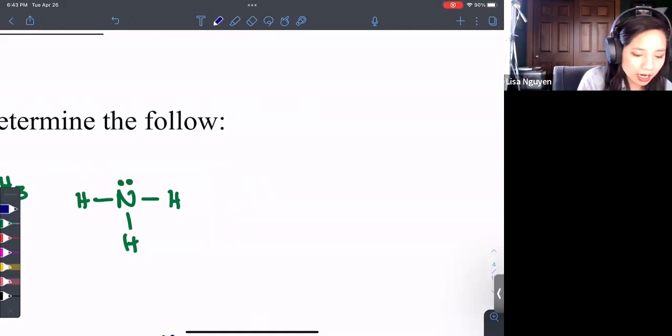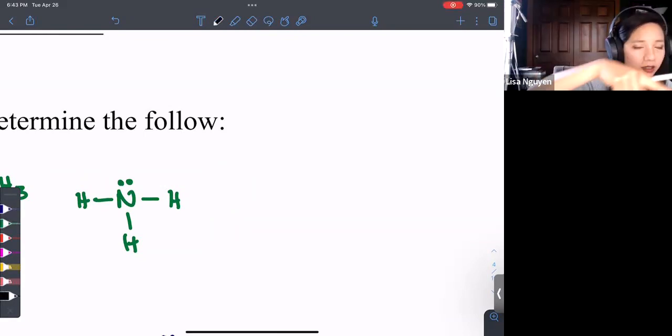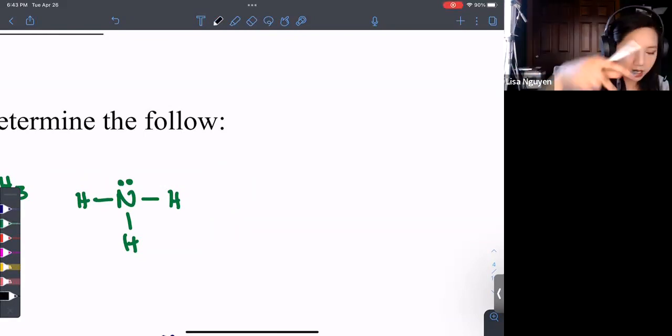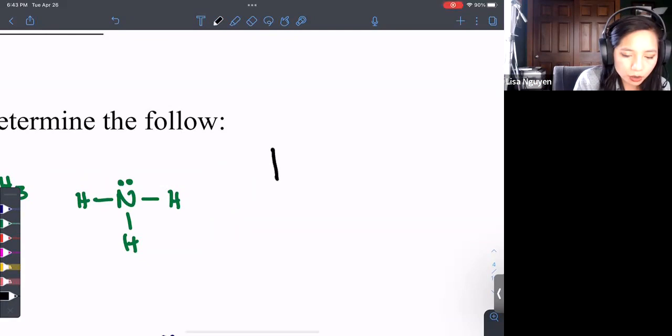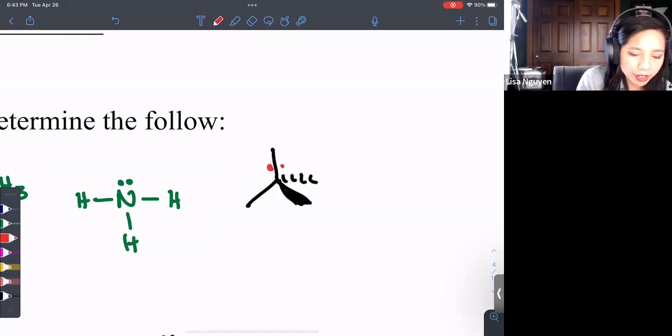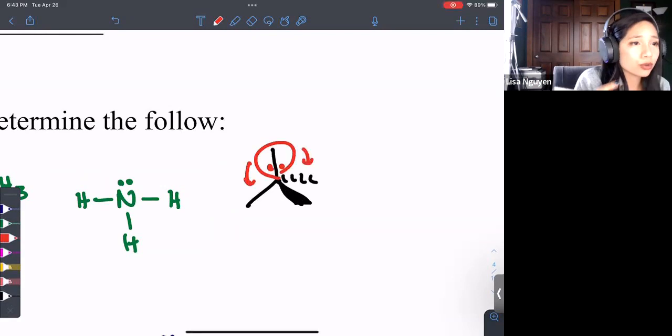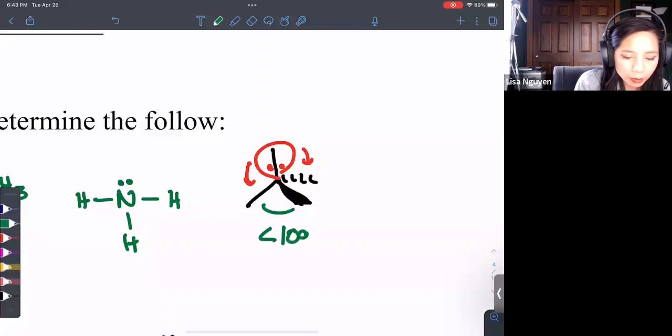So it's actually a trigonal pyramid. It's just like 3 feet there. If we draw a tetrahedron and recognize that one of those is a lone pair, it's pushing the bond angles down. So those bond angles won't be exactly 109.5. They're going to be slightly less than 109.5, about 107.